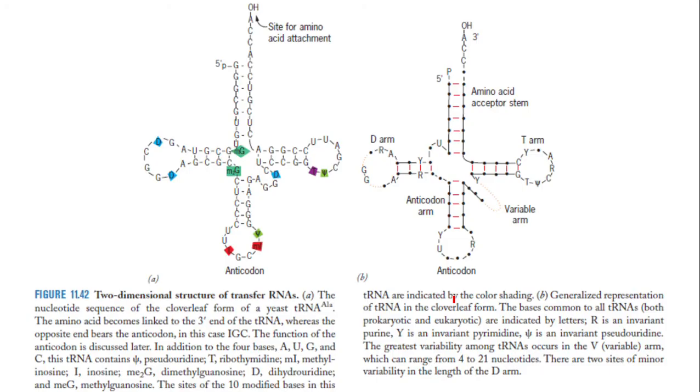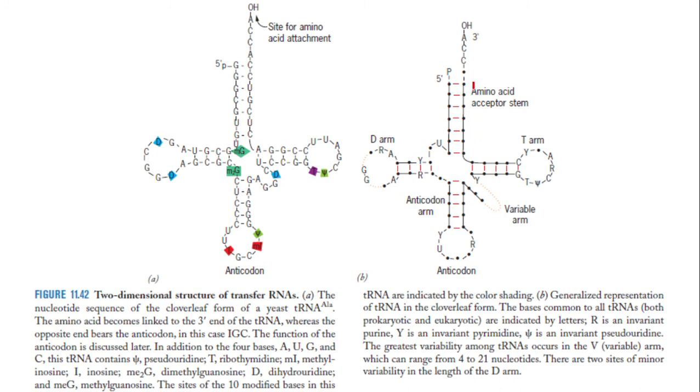This is the structure of the tRNA. This is the anticodon loop. Here you can see the anticodon. Different arms are there. There is a variable arm here. There is an anticodon arm here, this one. This is a T arm actually. This is a D arm. And amino acid acceptor stem is this one.